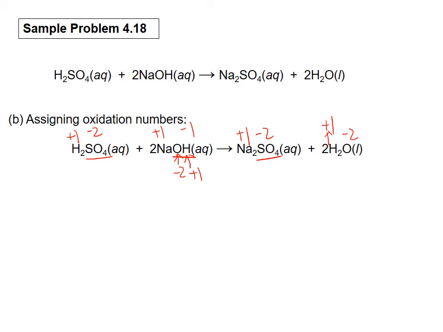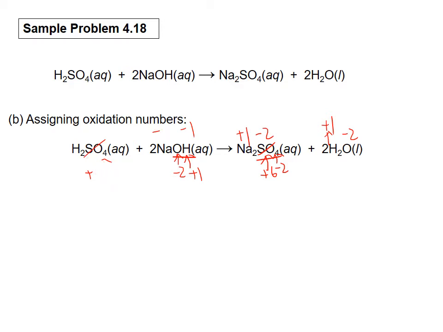Okay, as I explained in the last slide, we can eliminate the sulfate because the sulfate doesn't change. But we can also assign individually sulfur +6, oxygen -2, as we showed in the last slide. Same thing is here. Okay, so those are the oxidation numbers.